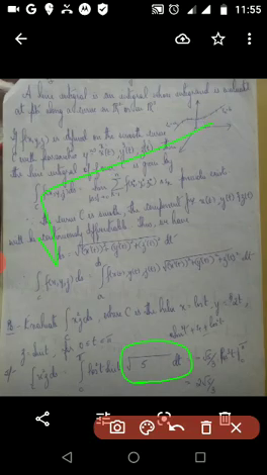Because ds will become derivative of x with respect to t, that is minus sine t the whole square, plus derivative of y with respect to t the whole square, which will become 4, plus derivative of z with respect to t the whole square, which will become cos of t the whole square. And there's a dt outside the square root sign. So sine square plus cos square is 1. 1 plus 4 will give me 5.